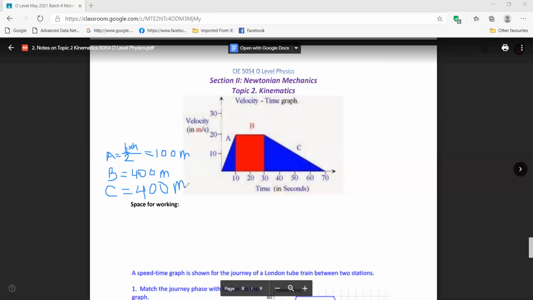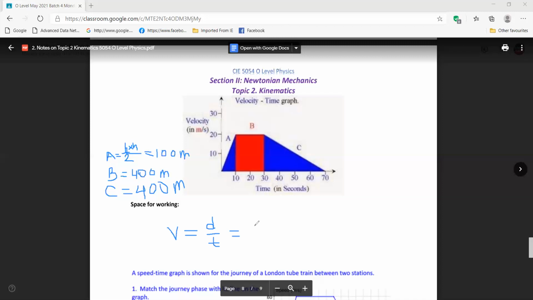So what is the average speed for the whole journey? Sir, we will just add them up, which gives 900. Yes, that is the total distance, because A plus B plus C is equal to the whole journey. Can you tell me the average speed for the whole journey? 900 divided by 70, 90 by 7.